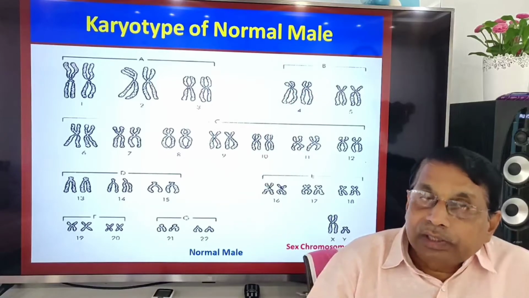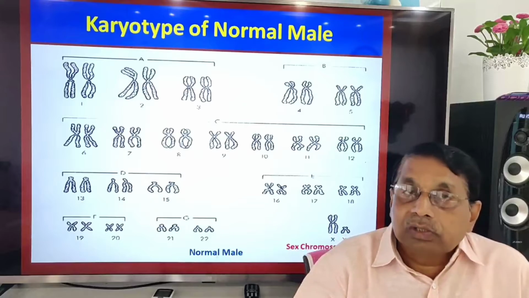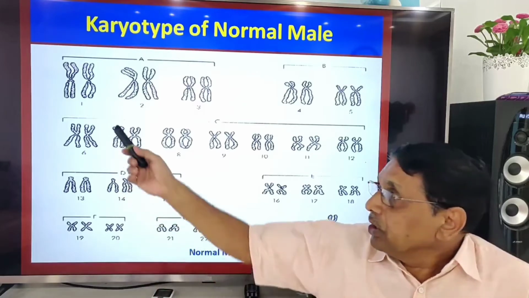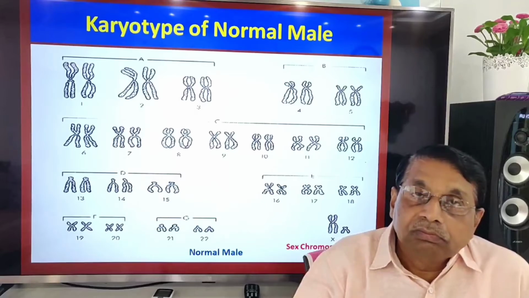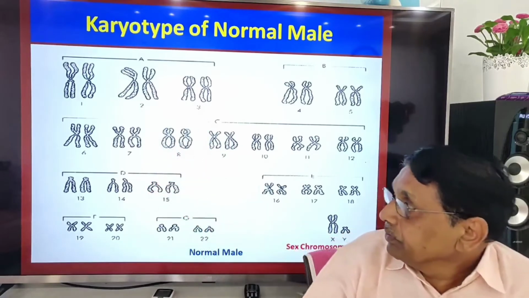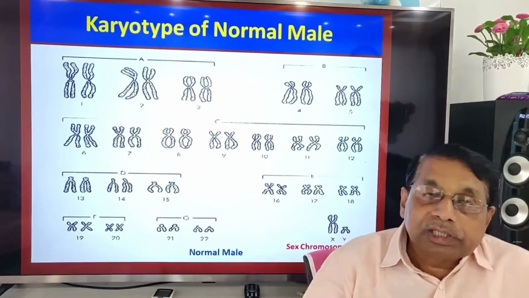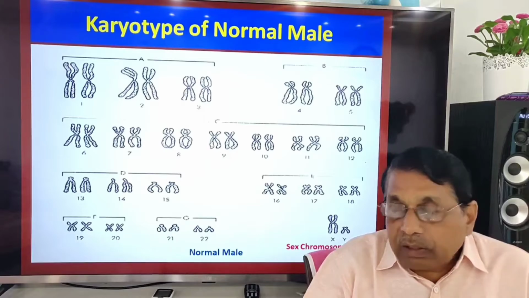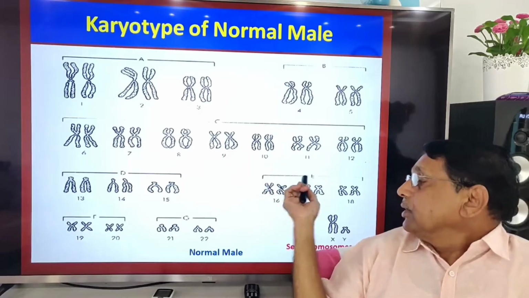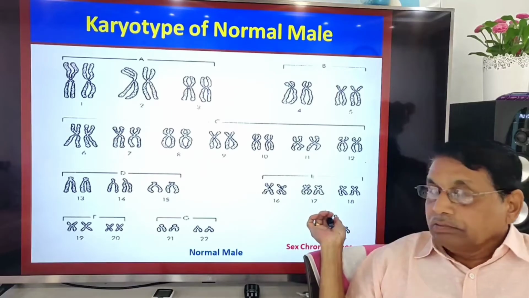There is also a difference in the position of the centromeres, and a change in the length of the arms. Similarly, telomeres. Can you see? Some are metacentric, some are submetacentric, some are telocentric, some are acrocentric.